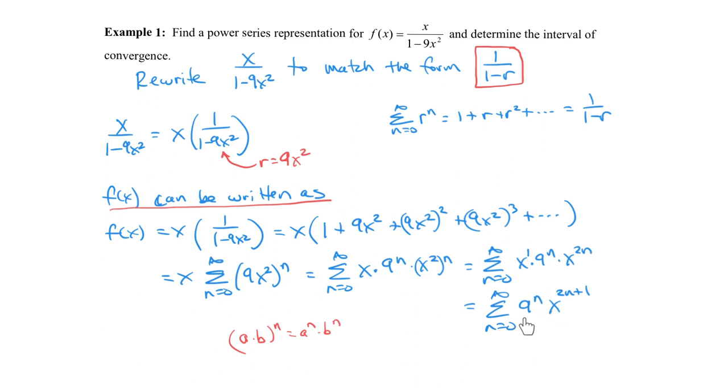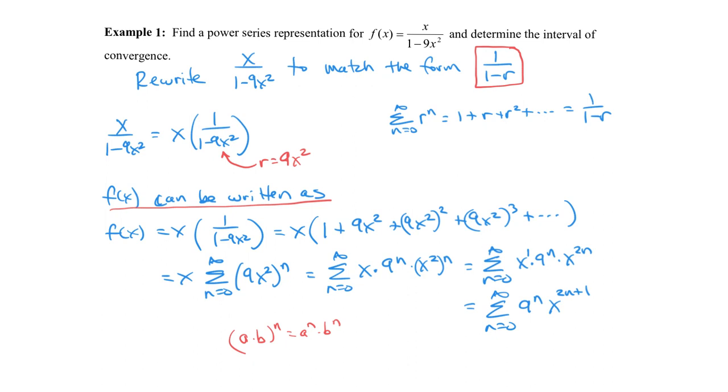When I plug in a 0, I get 9 to the 0, which is 1, x to the 1. So my first term is x, just like this. When n is 1, you get 9 to the 1, which is 9, x to the 2 plus 1, which is x cubed. So we get 9x cubed, the same thing. So this is the expanded form, and this is the condensed form.